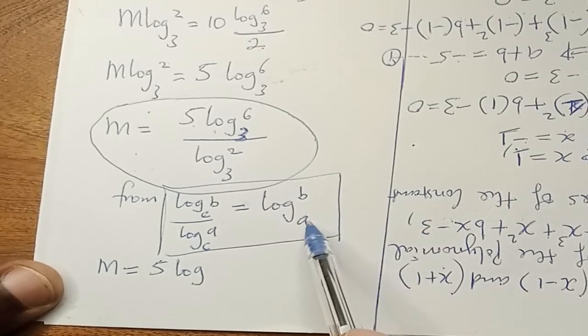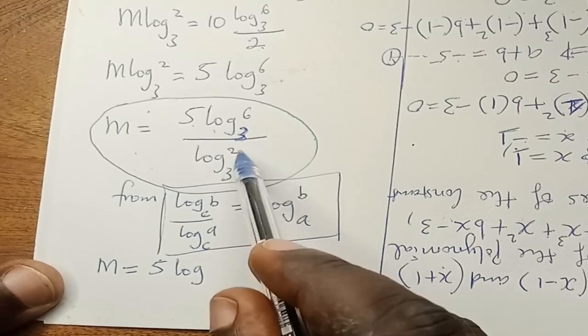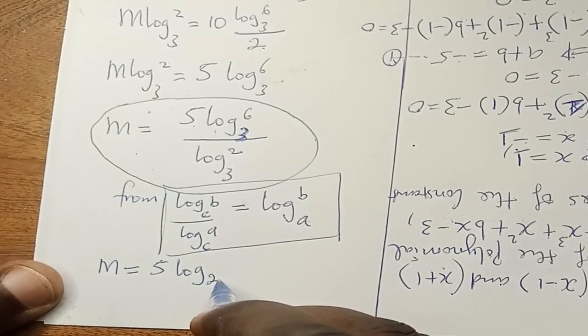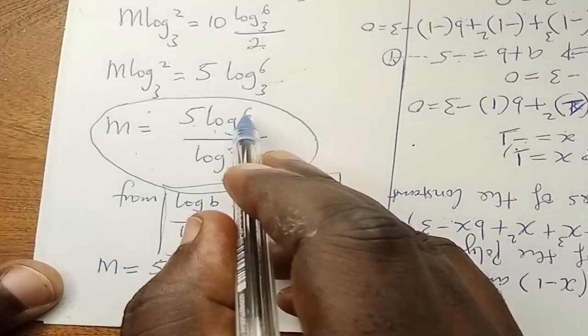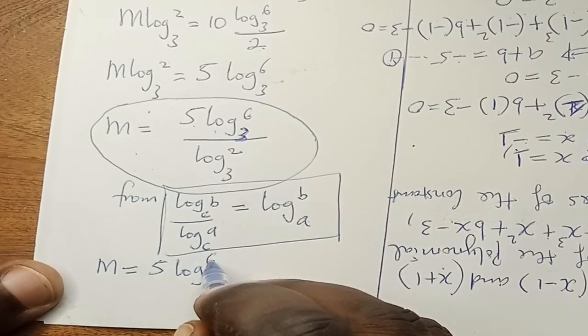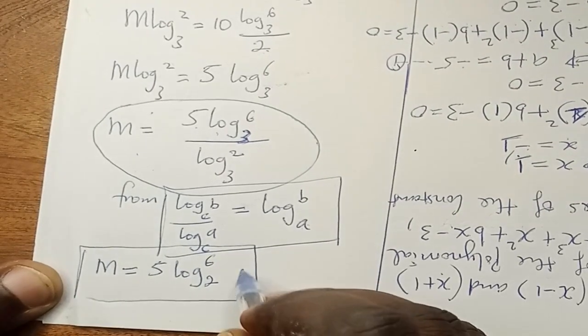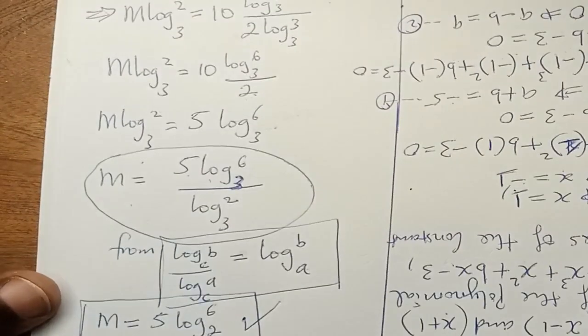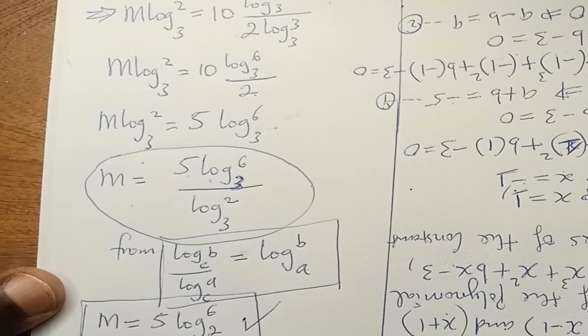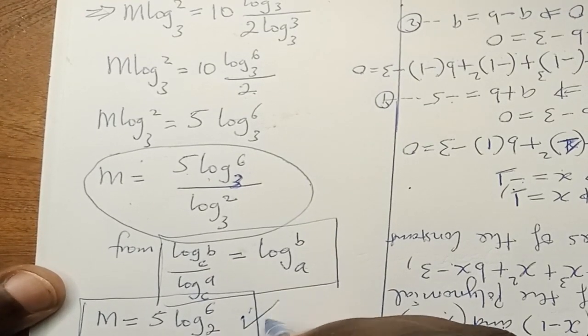So the a here, which represents the 2, and the b here is going to represent the 6, so we have 6 here. So this is going to be the value of m. m is equal to 5 log to the base of 2 power 6. So this is the expression here.